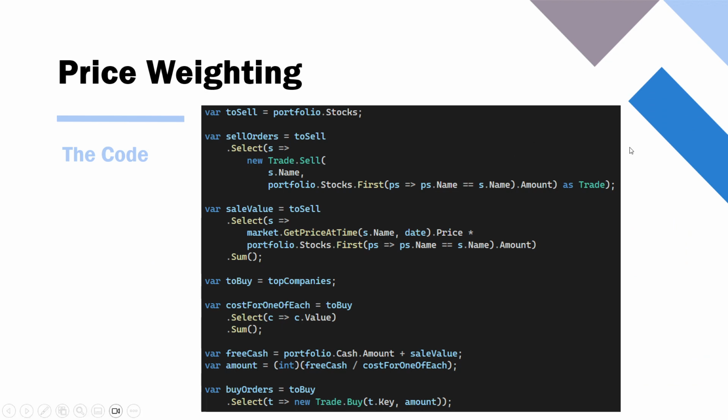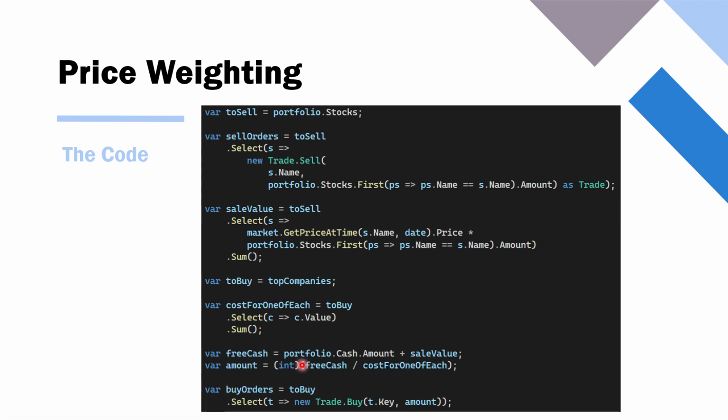With price weighting, we still work out how much cash we're going to have, in a slightly different way, but it comes to the same thing. And then instead of dividing that cash by the cost of each company, we work out how much it would cost to buy one of each company.